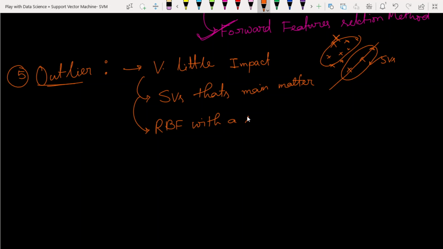With a small sigma, we are considering the outliers. To handle the outlier, we have to choose a larger sigma.